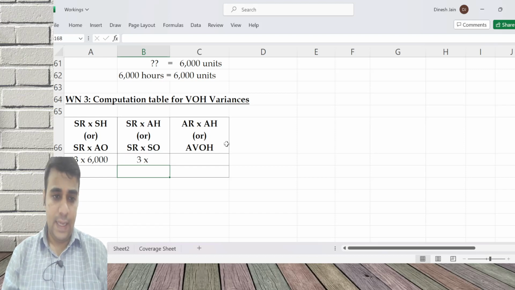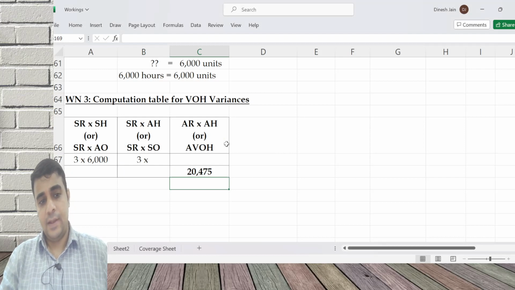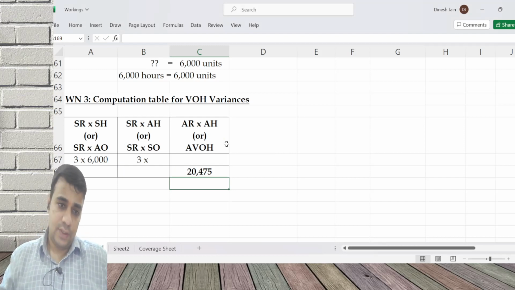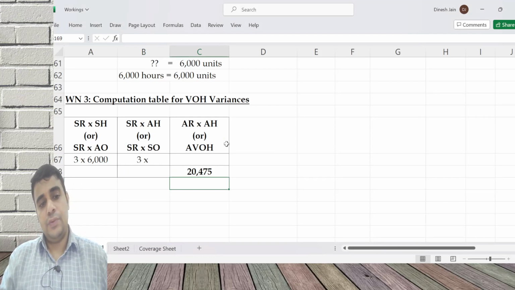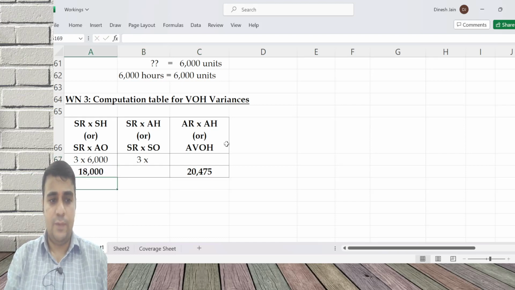We don't know the AH. 2475 is the actual variable overhead; the breakup we'll see.